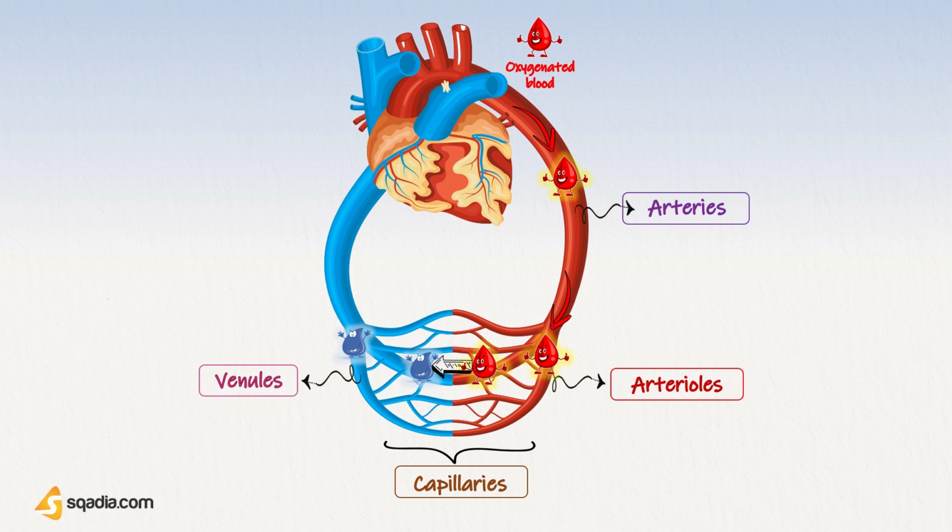These venules are actually branches of another important type of blood vessel called veins that have comparatively thick wall and diameter. These veins then merge to form the largest veins of our body, and through these veins, the deoxygenated blood then returns to the heart. And so the cycle continues.